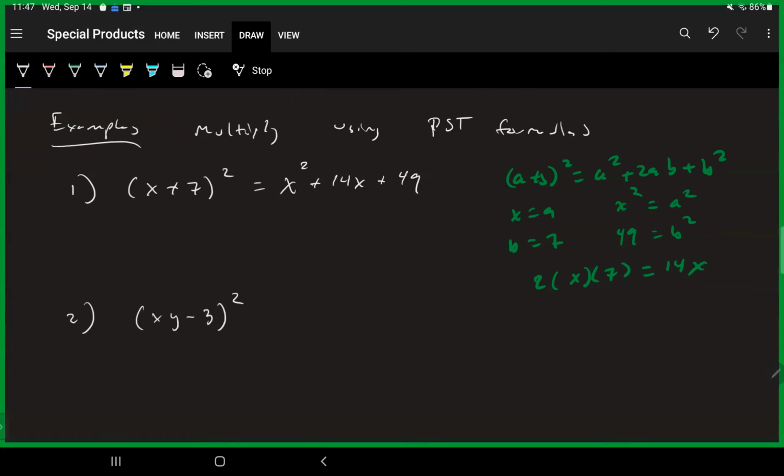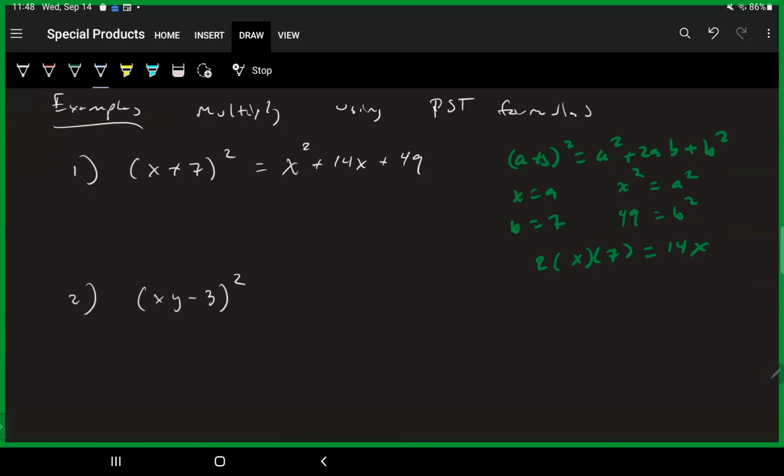And if I have something that looks like, say, xy minus 3 quantity squared, I'm going to use my perfect square formula with subtraction. So a minus b squared is a squared minus 2ab plus b squared. And we're going to get a is xy.